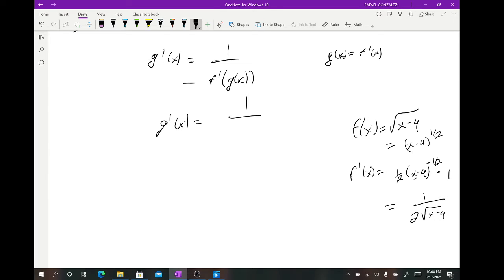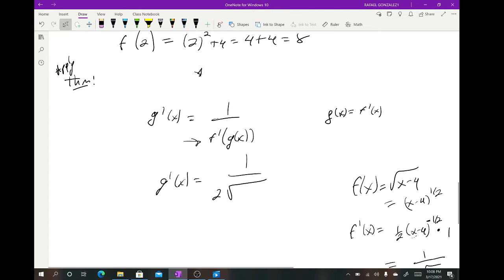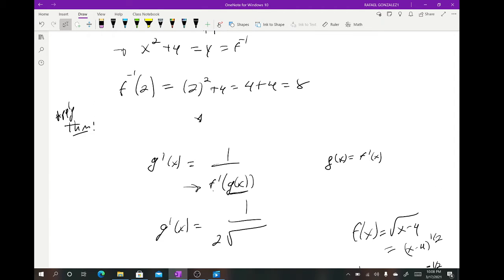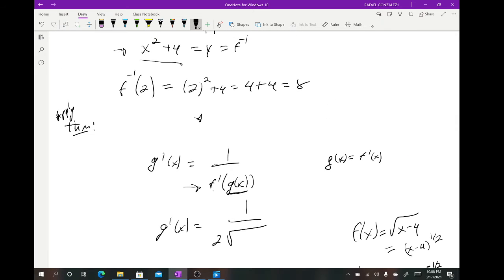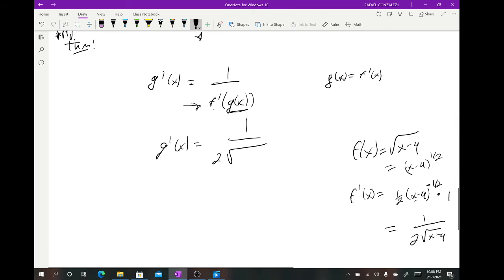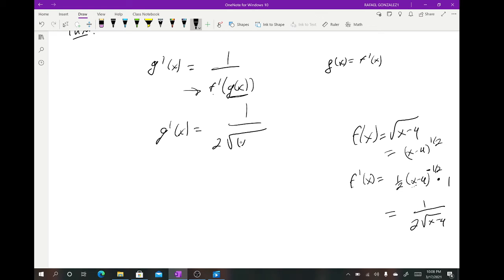So we have f prime, which is now 2 radical x minus 4. But remember, we are evaluating f prime at g of x, and g of x is x squared plus 4 from up here. So we have x squared plus 4 minus 4.